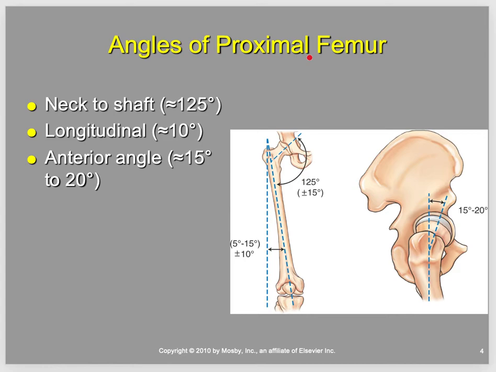So angles of the proximal femur, as we should know by now, the femur doesn't come down in a straight line. It actually creates a 5 to 15, plus or minus 10 degrees from a straight line down to the midline shaft of that femur. Also, the neck is 125.